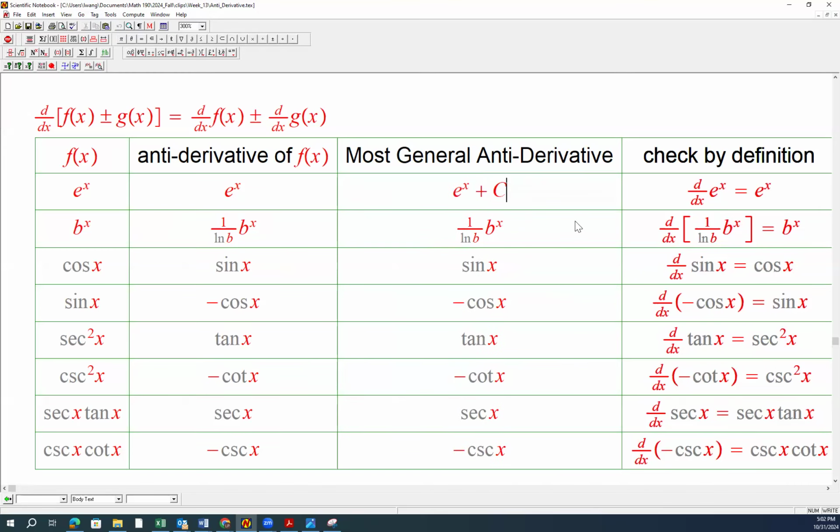You will find out very soon in the next chapter that this is common practice when you are asked to find antiderivatives.